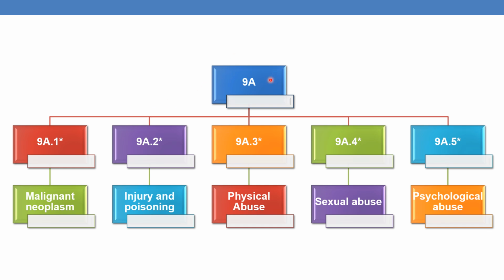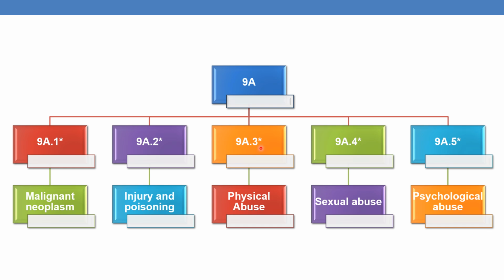Here we will briefly discuss what the subcategories of the O9A code category are. O9A.1 indicates malignant neoplasm complicating pregnancy, childbirth and puerperium; this is further expandable. O9A.2 indicates injury, poisoning and other external causes complicating pregnancy, childbirth and puerperium.